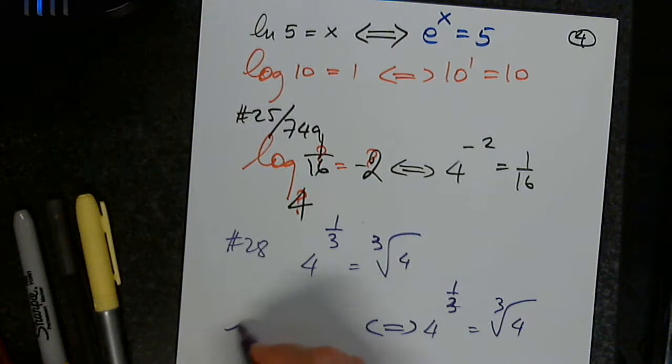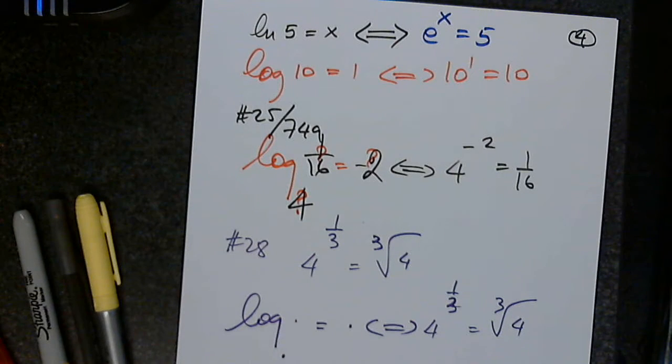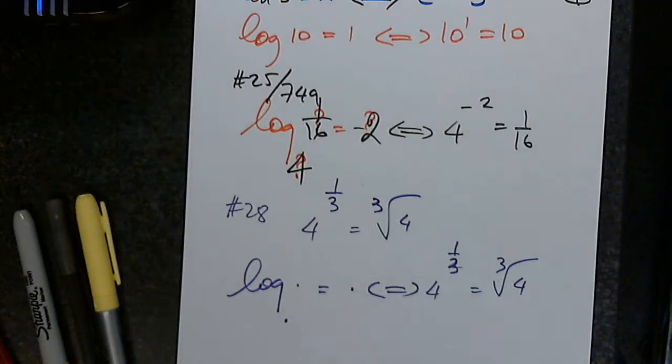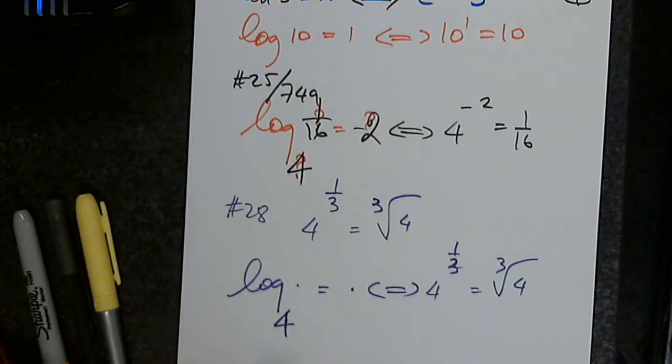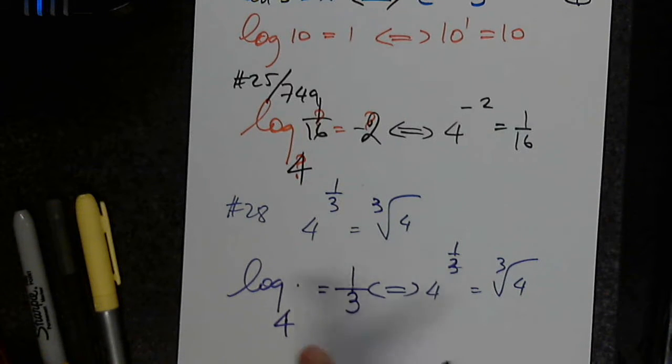So I know that I have to have a log, some base, some power here, and some number inside. The base is 4. What do I have here? 1 over 3. And what do I have here? Cube root of 4. That's it.